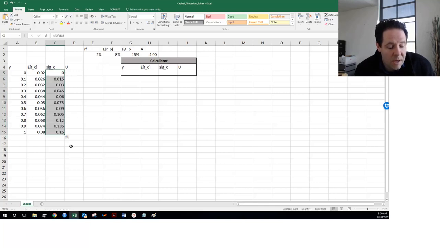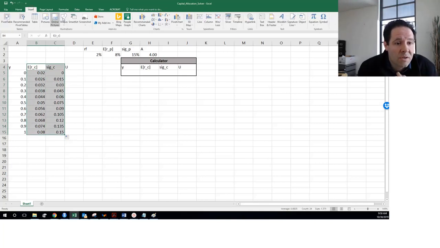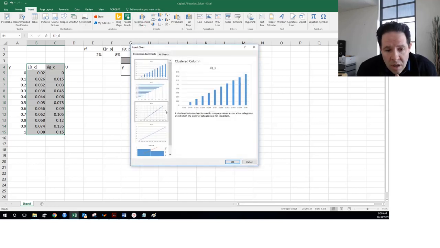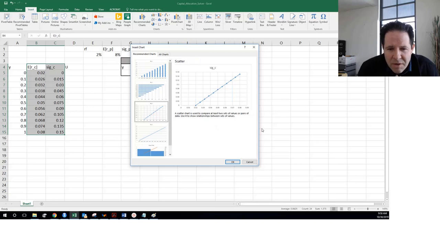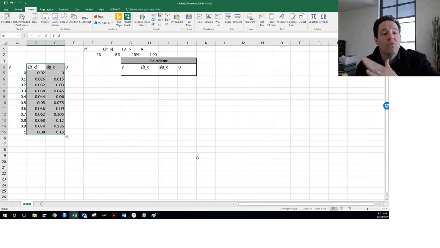And if we were interested in plotting this, we go to recommended charts, and it gives us a weird looking graph because standard deviation and return are on opposite sides, but you can see that this is relating the expected return and the standard deviation in the way that we drew graphically on the plot.